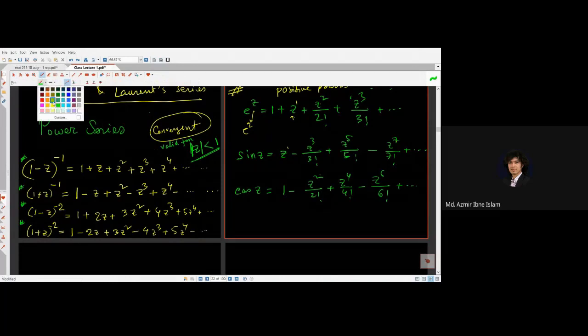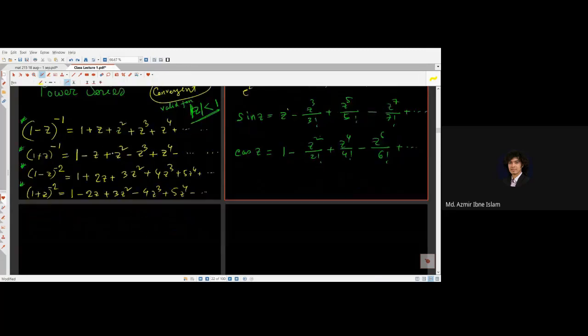So let's move to the steps. All these formulas, these 4 series, can be thought of as formulas, okay? Because we are going to apply them in Laurent series or Taylor series. So first of all, let me write the power series.